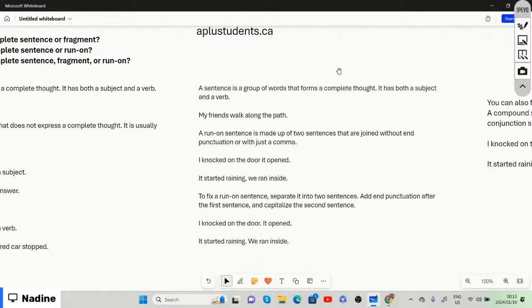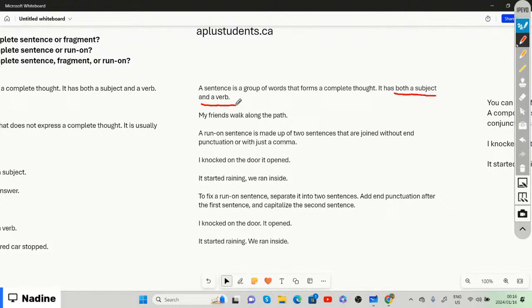And then if we also look at run-ons, if we look at what a run-on is within a sentence, it says a sentence is a group of words that forms a complete thought, which we mentioned. And we said in order for it to express a complete thought, it needs to have both a subject as well as a verb.